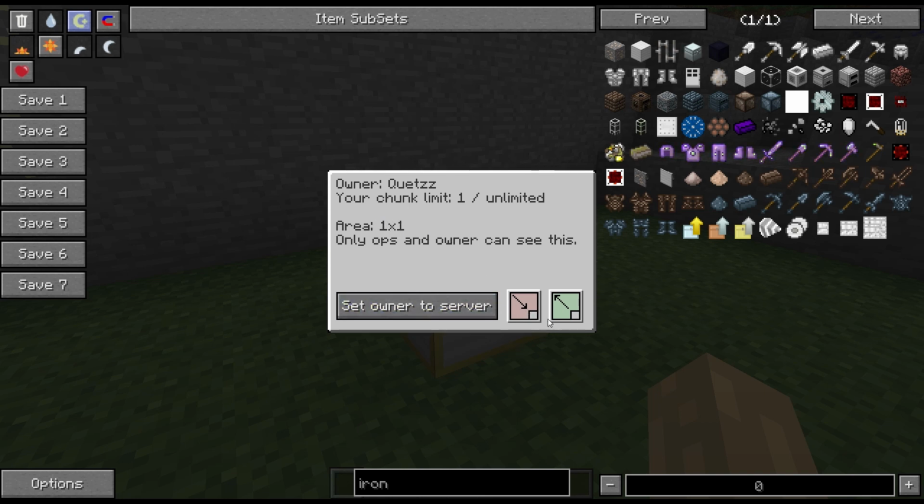Now if we use these two buttons here, this one will shrink the area, and this one will expand it. So if we click it once, it's going to go up to a 3x3 and tell us that we're now using 9 chunks out of our limit, and this will go up to 5x5, which is obviously 25, 7x7, which is 49, and then 9x9 to give us 81 chunks loaded off of a single chunk loader, which can be quite useful.